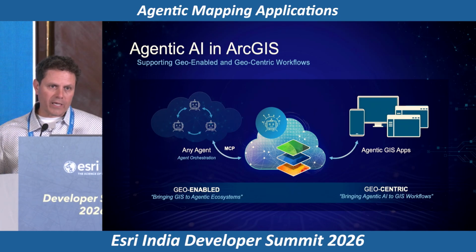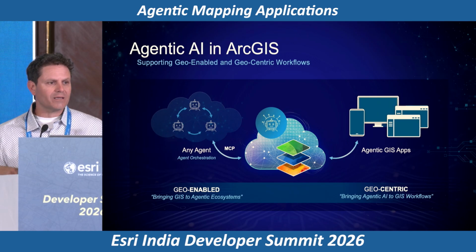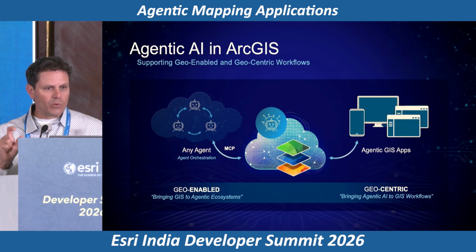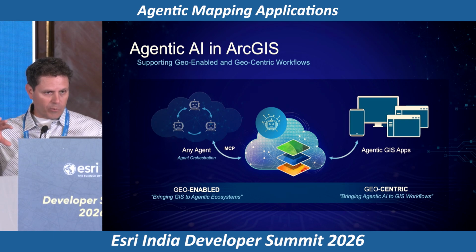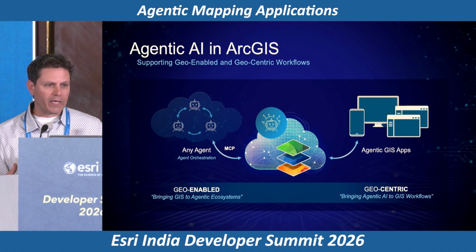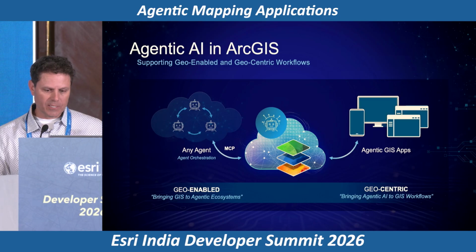And the other way in which we're working with agents is we want to bring agentic AI agents the knowledge of location. So in one way, we are taking third-party clients and bringing location to them. In another way, we're taking GIS systems and bringing agents into that.